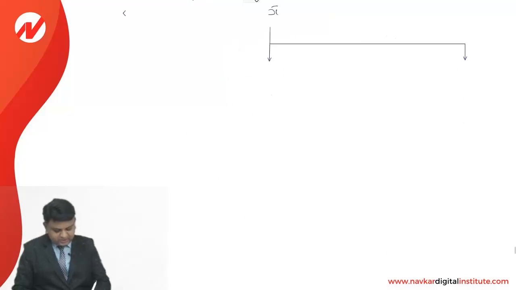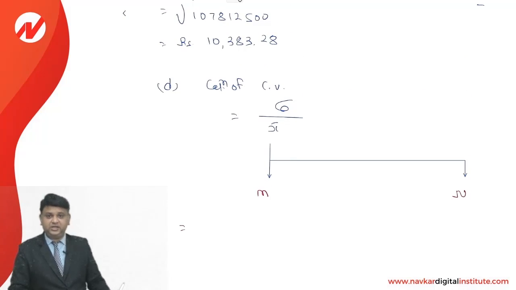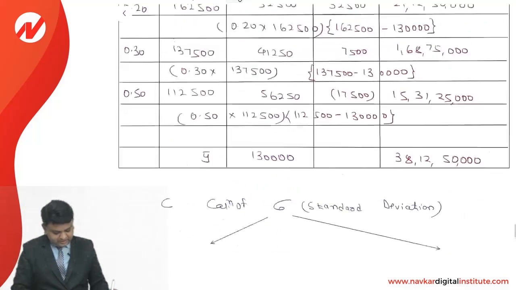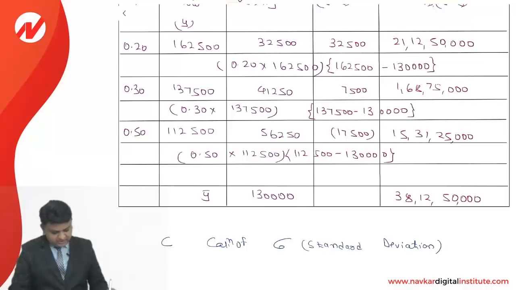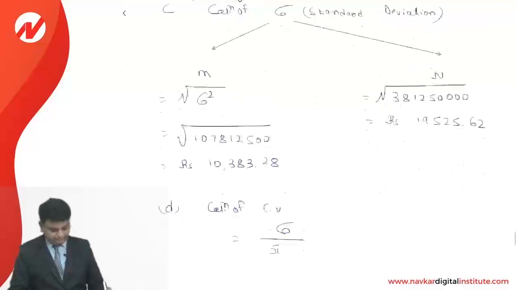It is in respect of the project M and it is in respect of the project N. Standard deviation is 10,383.28. So risk upon return, as far as the return is concerned, return is X bar, that is 76,250.